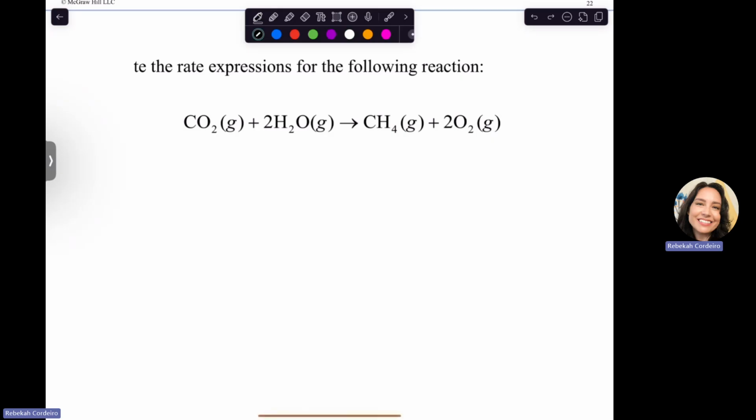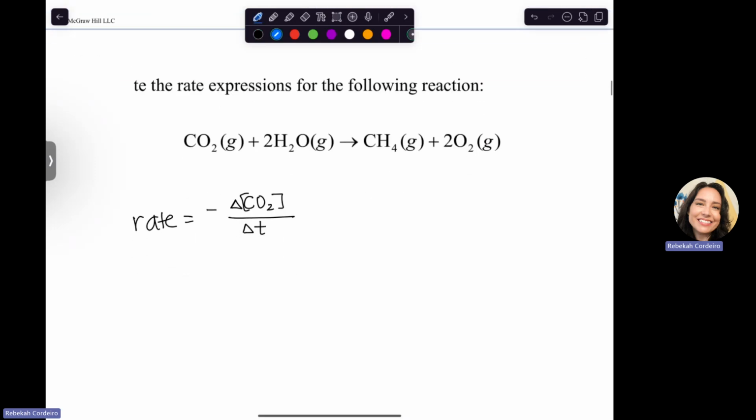All right, so if we have our equation here, let's write the rate expression. The rate would be equal to the negative change in concentration of CO2 over change in time. And the coefficient that goes in front of CO2 is 1, so this would just be 1 over 1.